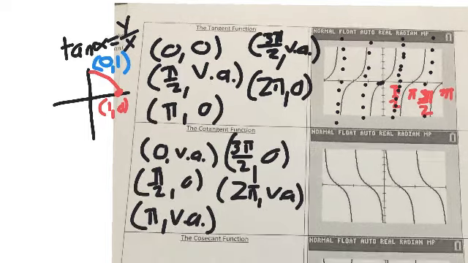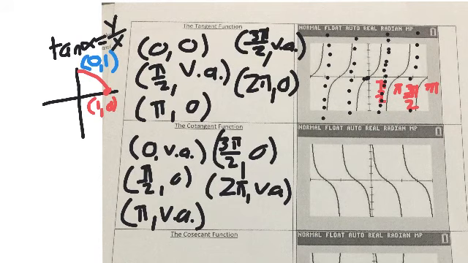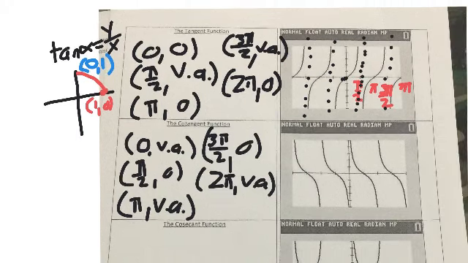Now before we move off of tangent and cotangent, there is something that is unique with tangent and cotangent that is unlike the other trig functions. If you'll think back to all of our different characteristics of graphs, we looked at amplitude.